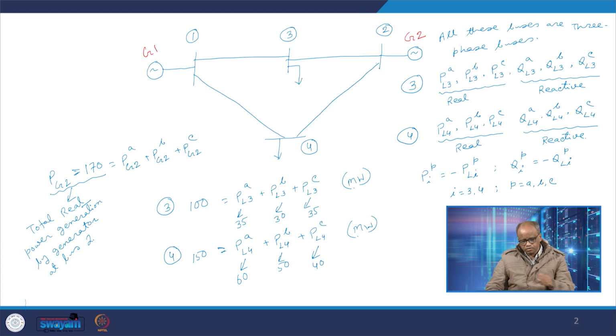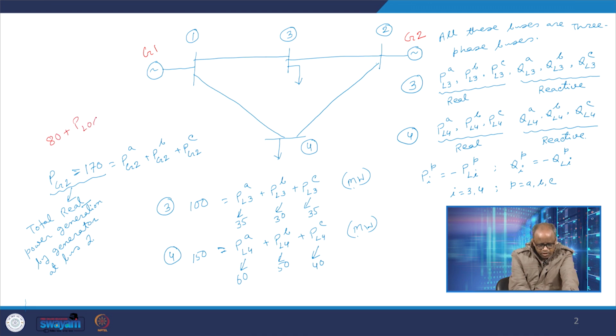So here now again let us come back to this. Here my total load is 250. So obviously in this entire system the generator will have to supply 80 megawatt plus P loss.